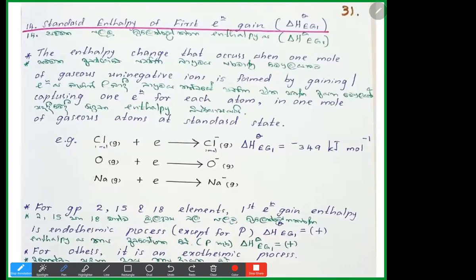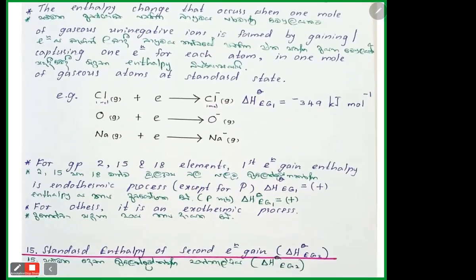Then electron gain energy is the opposite of ionization. Ionization, losing electrons making plus charge. Electron gain, gaining electrons to make minus charge. So starting from gaseous, ending with uninegative or dinegative.